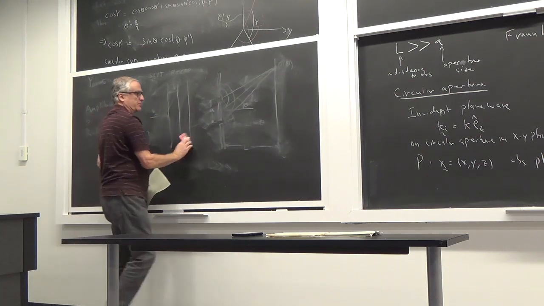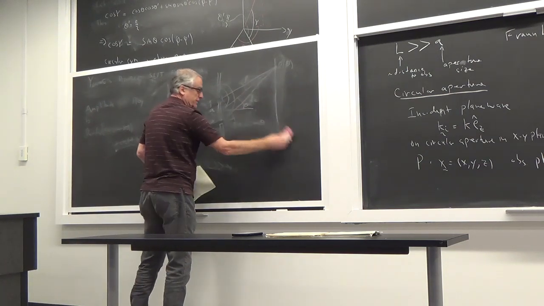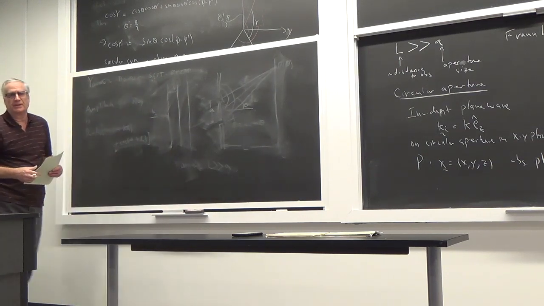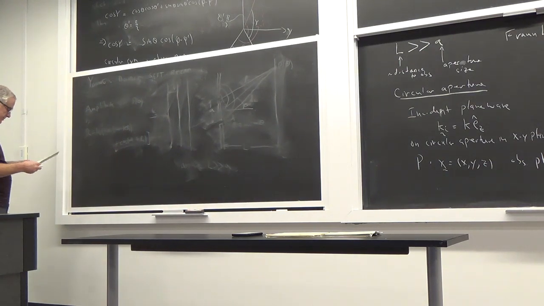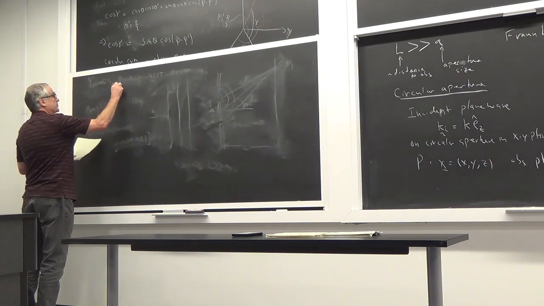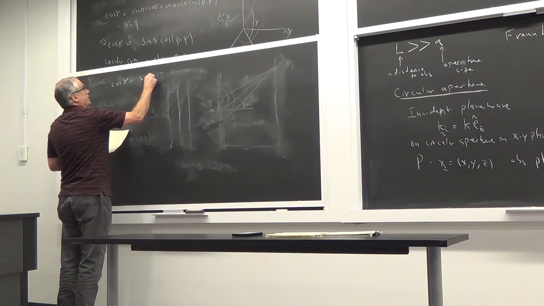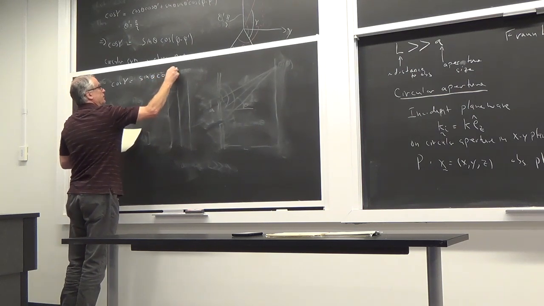So we're just taking our observation point to be along phi equals 0, and we know that the amplitude there is not going to depend on the choice of phi. And so we're left with cosine gamma equals sine theta cosine phi prime.